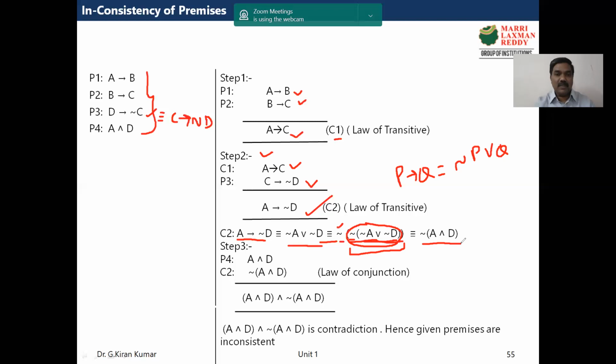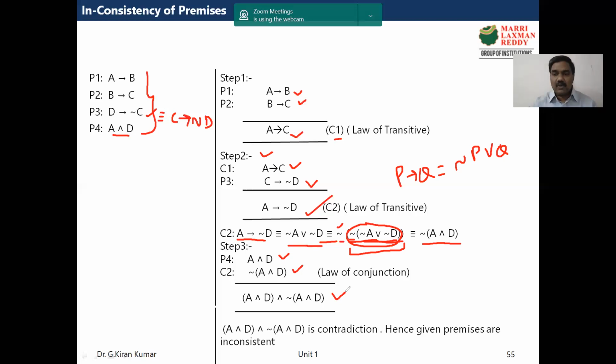The idea is very simple. Already I have A and D. So if I can derive negation of (A and D), then obviously I can apply the law of conjunction and argue there is a conjunction statement. So in the next step, I already have premise 4, A and D, and just now I have derived negation of (A and D). By the law of conjunction, I can derive (A and D) and negation of (A and D).